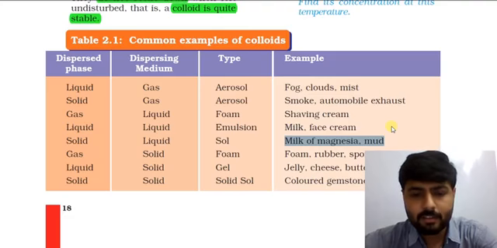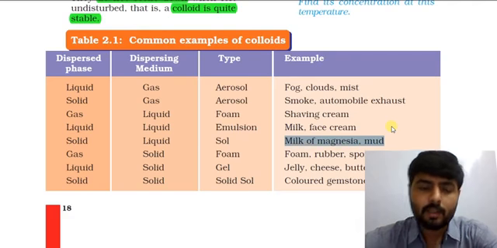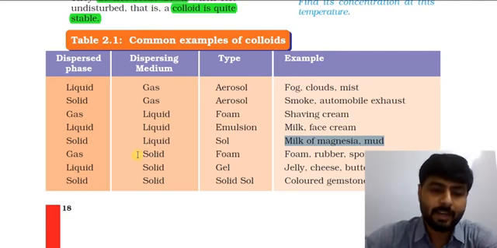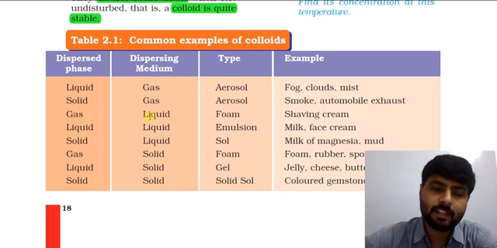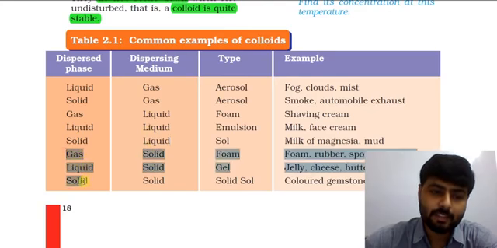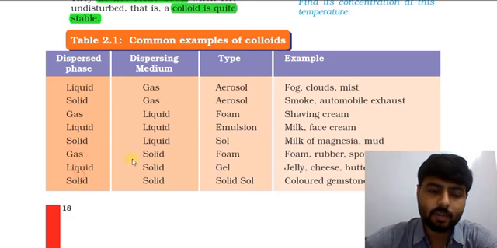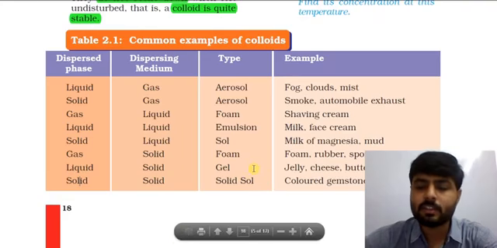After that we have another type, that is also foam. Now we have solid as dispersing medium, and similarly as we have seen earlier in the liquid case, we have three different dispersed phases, that is gas, liquid and solid: gas in solid, liquid in solid and solid in solid.